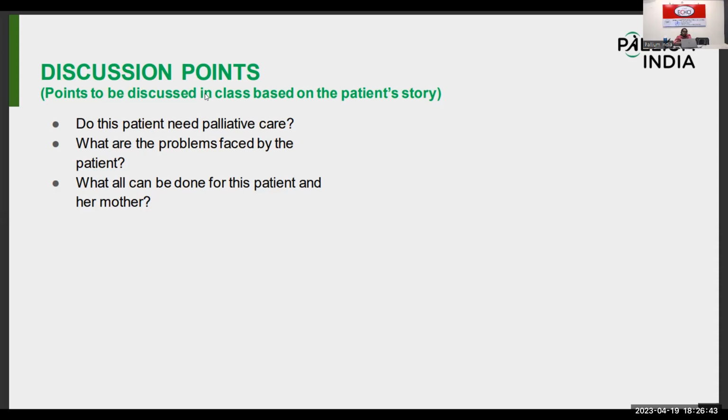So what you can do is think about some occupational rehabilitation and make sure there is some kind of income from that. If you do that, then we are able to improve the quality of life of the patient.